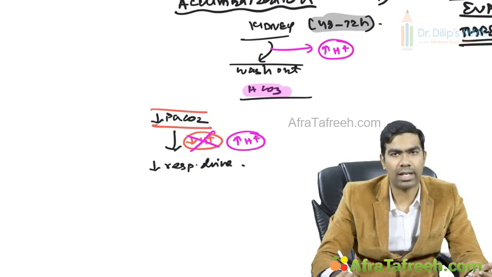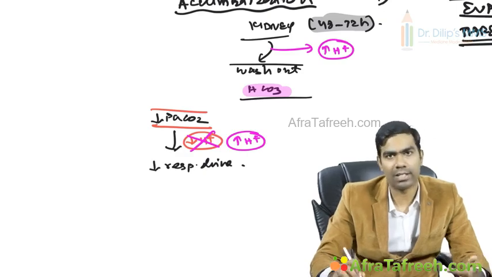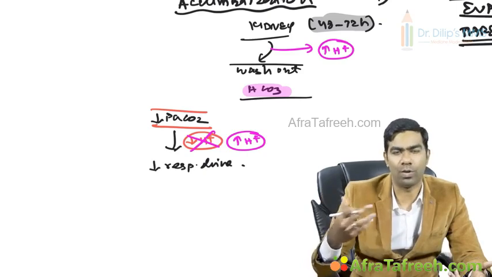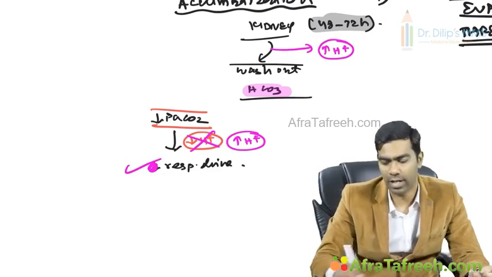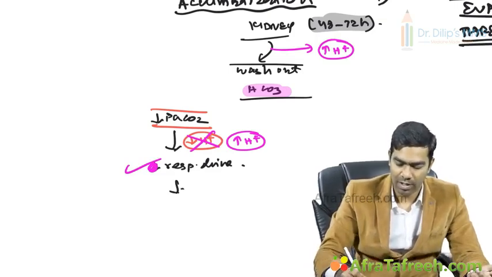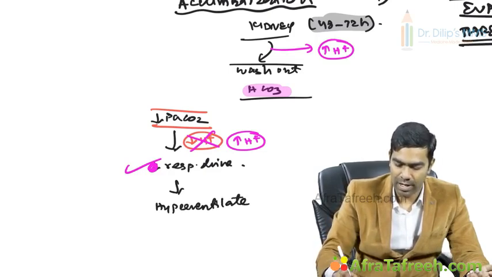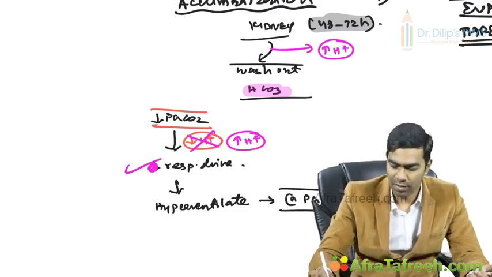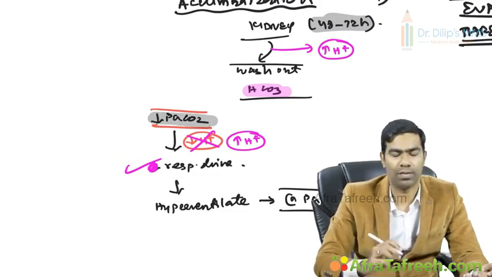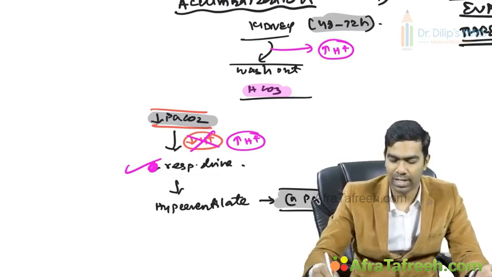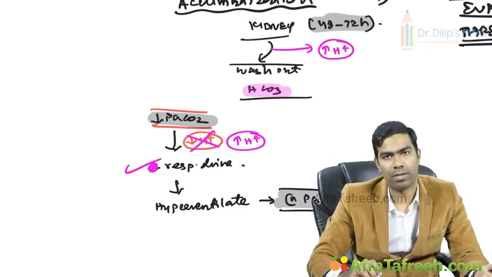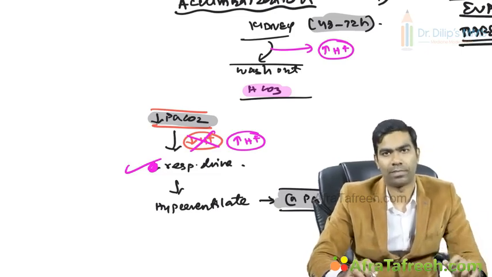So the moment you increase the H+, the brain will think there is sufficient CO2. It will not know that the CO2 levels are actually low, and your respiratory drive will be maintained and will not get inhibited. Now the patient will happily hyperventilate and can normalize the PaO2. The moment he hyperventilates, even though he washes out carbon dioxide, that will not inhibit the respiratory drive because of the kidney's action, and he can normalize the PaO2. He can happily hyperventilate. Clear?